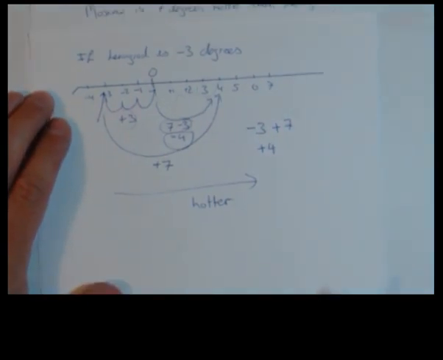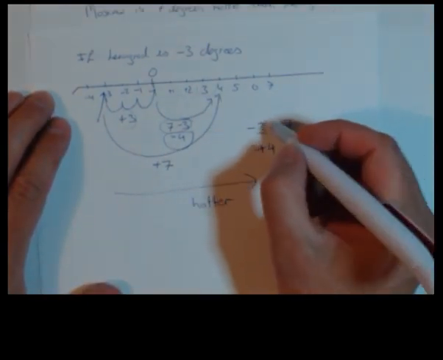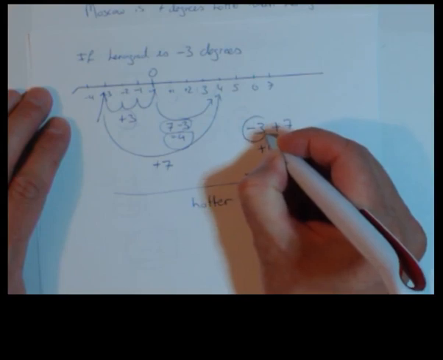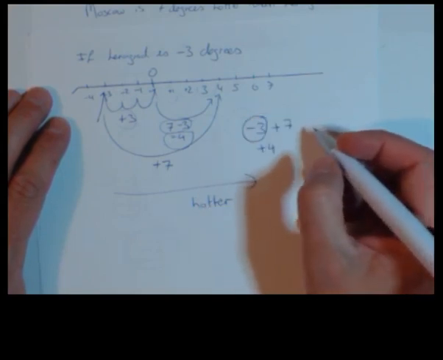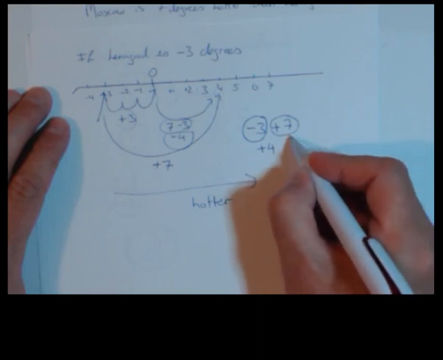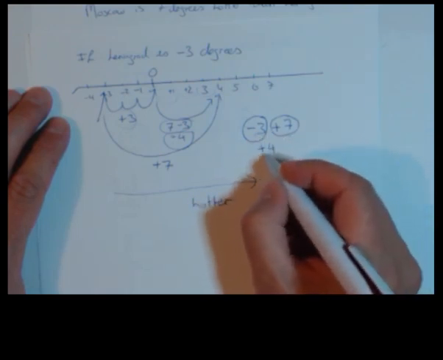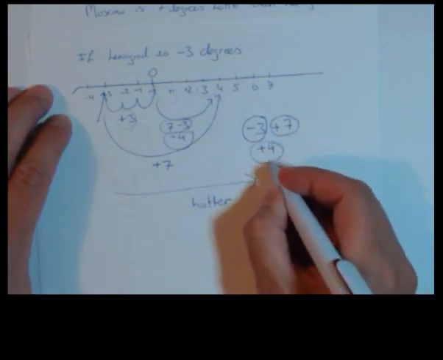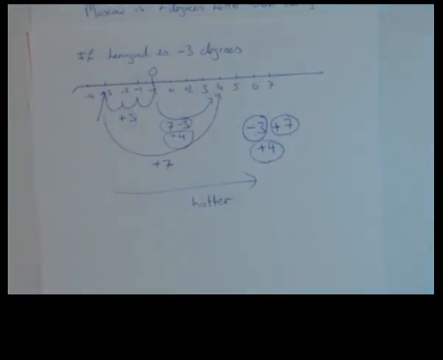And interestingly enough, minus 3 plus 7, you can think of it exactly the same as the idea on the bus. 3 people got off the bus, 7 people got on the bus, more people got on than got off the bus, so we ended up at plus 4 degrees. So generally, you can answer those questions just like that.